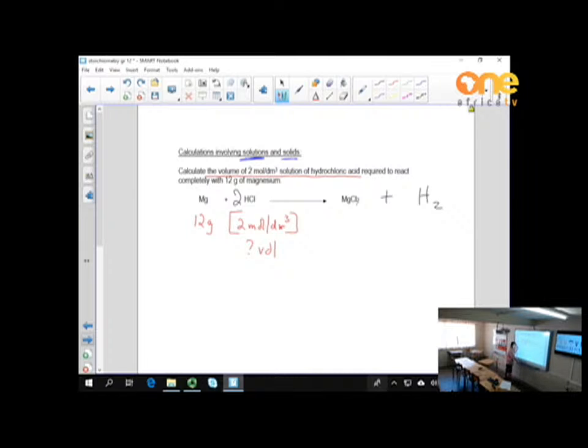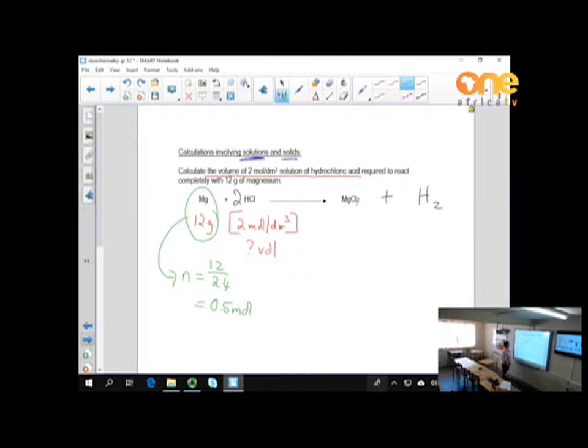So first step, from what they've given you, work out the number of moles. Now we have mass, it's 12. The relative atomic mass of magnesium is 24, so I have 0.5 moles.